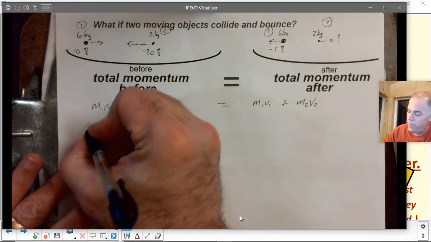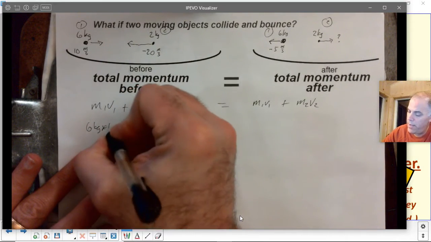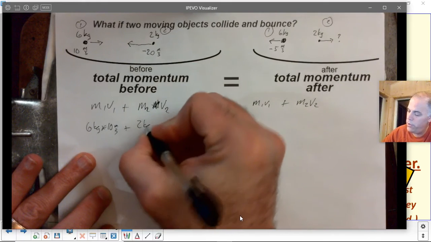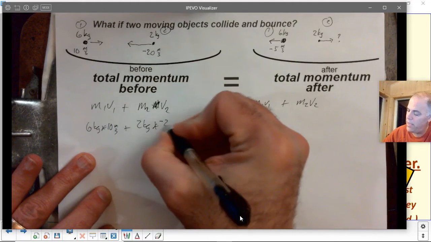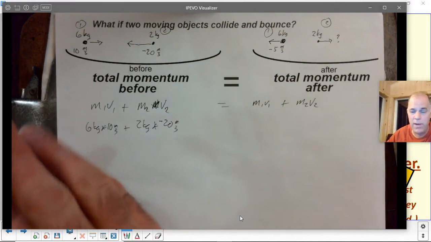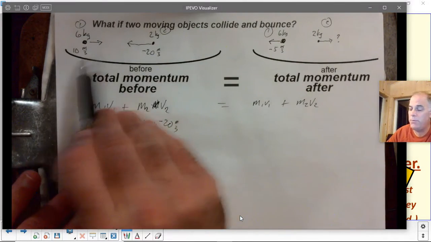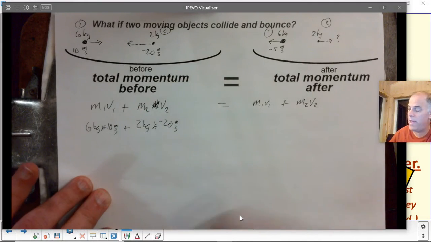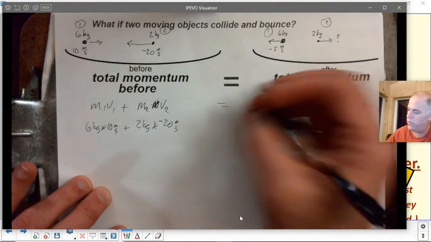So we have 6 kg times 10 meters per second plus 2 kg times negative 20 meters per second. It is very important in these to keep track of the positives and the negatives and to carry them through. It really does matter. It doesn't work if you don't do it that way.